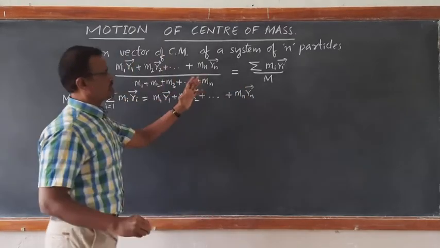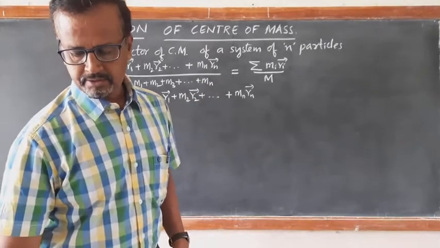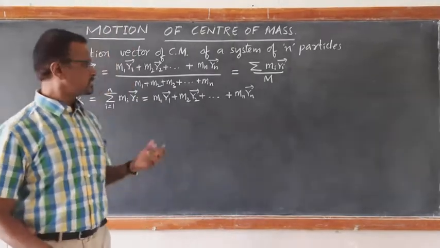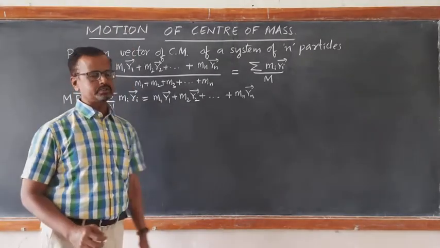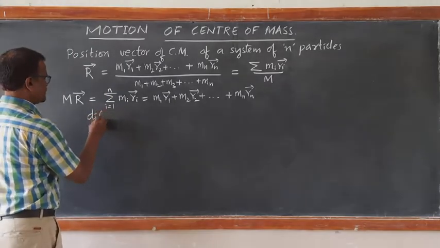Suppose this system of particles is under motion. To study the motion, differentiating with respect to time t, we get dr by dt as velocity.